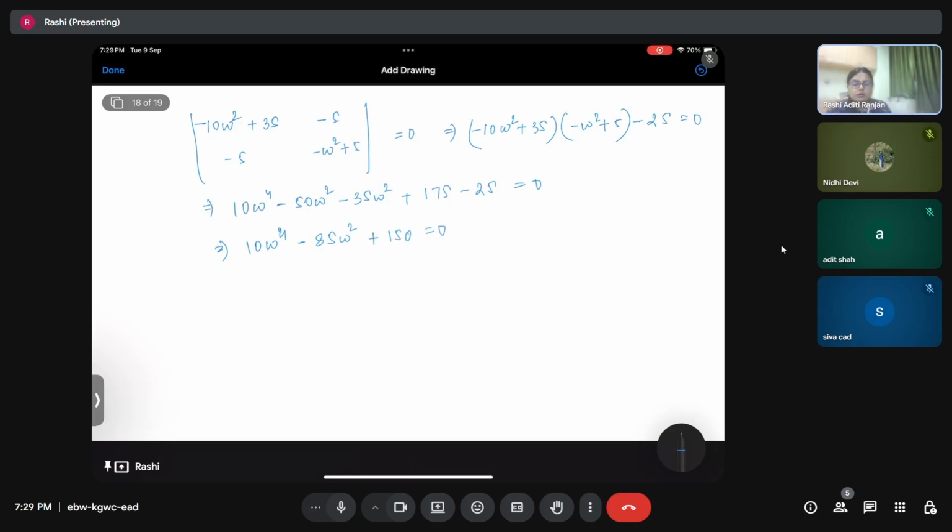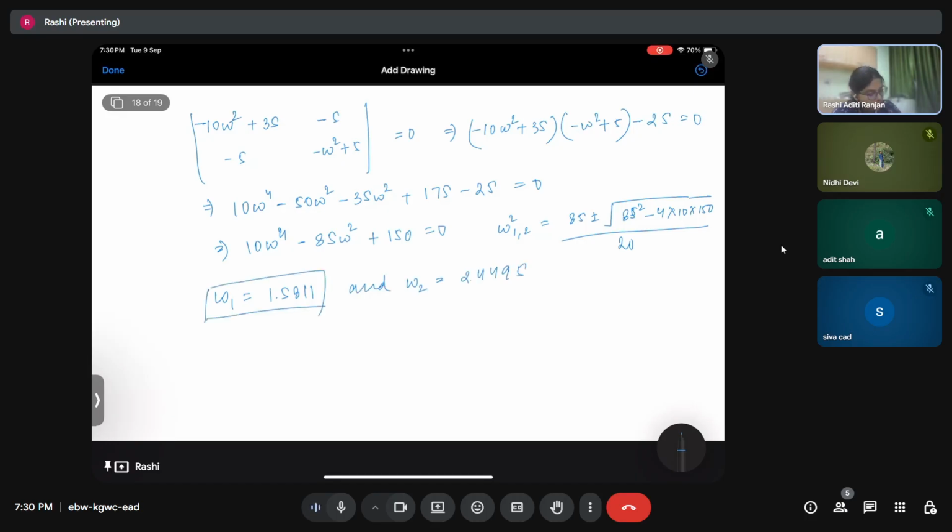Upon solving using omega square 1,2 equals 85 plus minus under root of 85 square minus 4 into 10 into 150, divided by 20, the values of omega 1 and omega 2 are found as omega 1 as 1.5811 and omega 2 as 2.4495. So these are the two natural frequencies linked to the system.